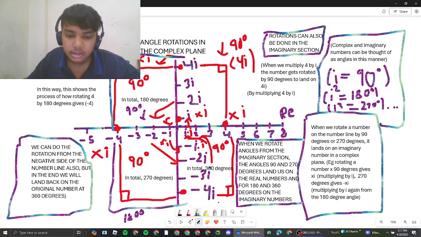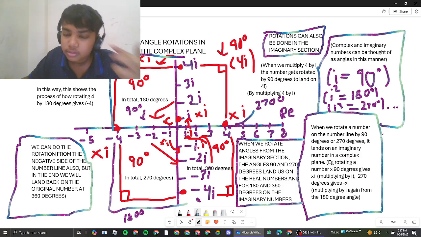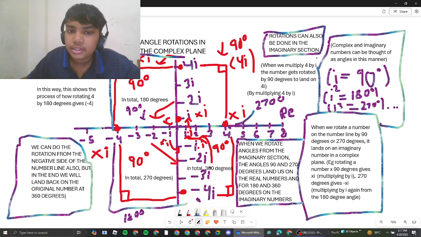If I multiply this by I again, I'll get 4. From this point to this point there'll be 270 degrees. In this definition of real numbers, it would be imaginary, but in this case, it's real. And if I do 360 degrees, I'll land on the same number, just imaginary.